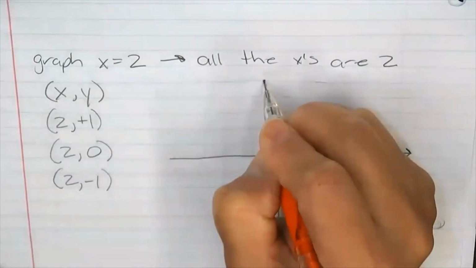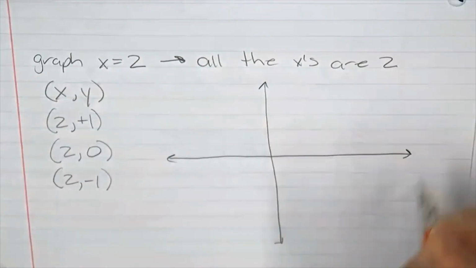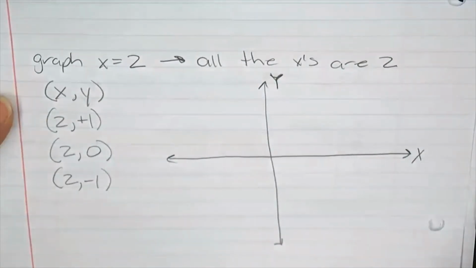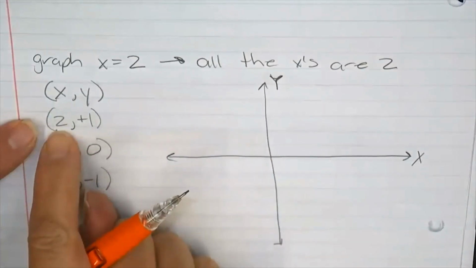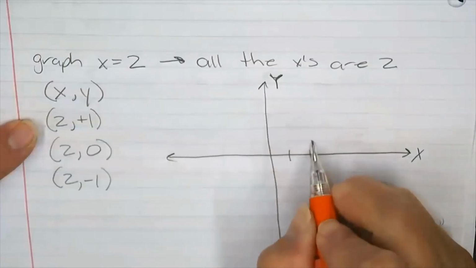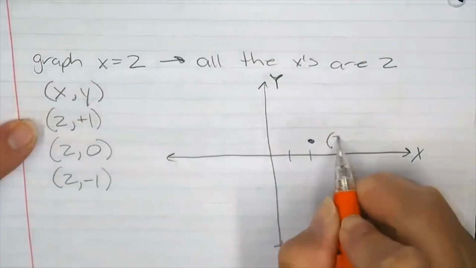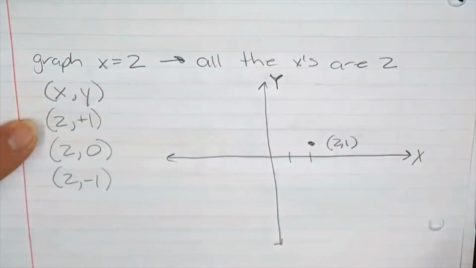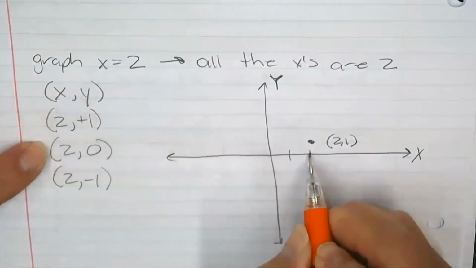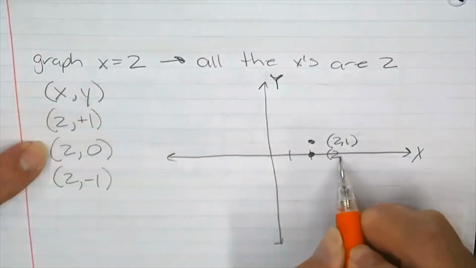So let's see what that looks like. Here's my x-axis and my y-axis. So this is +2, +1. I'm going to go over 2 and up 1. This is +2, 0. I'm going to go over 2 and up and down 0.